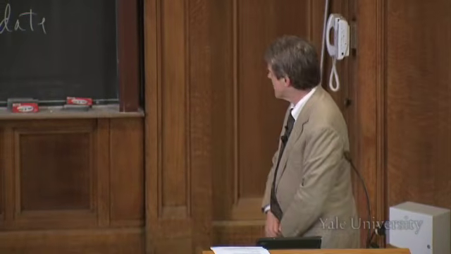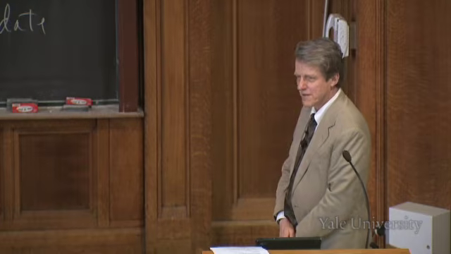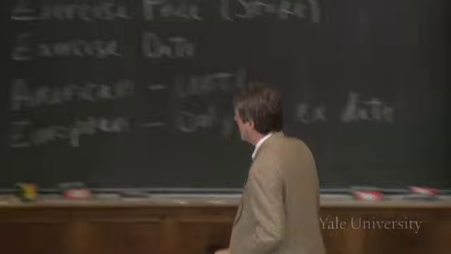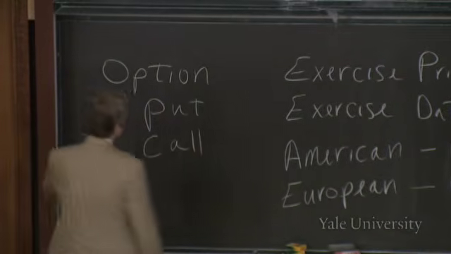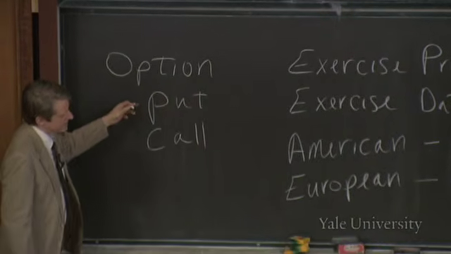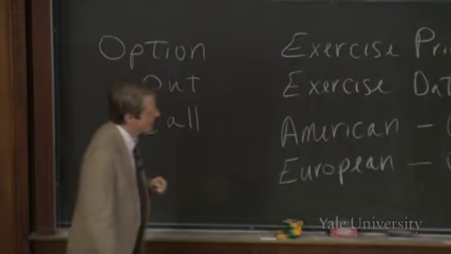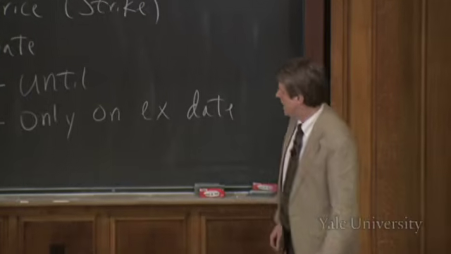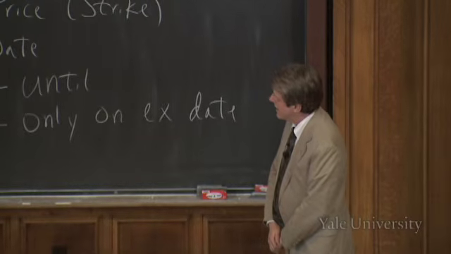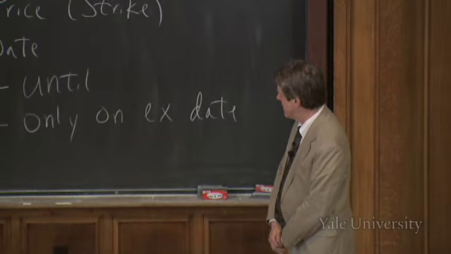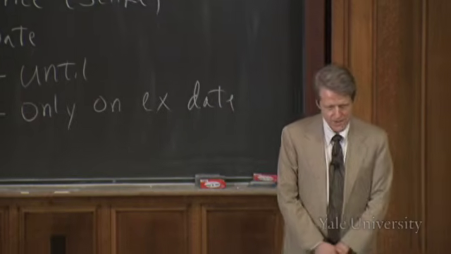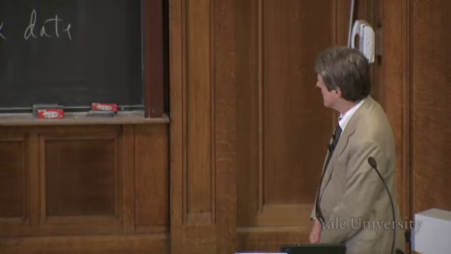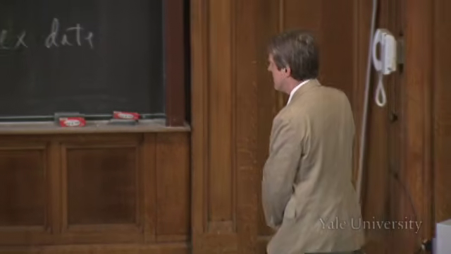So that's what those words mean. So usually we're talking about American options. And so if you have an American put option on shares of some stock, then you have the right anytime you feel like it until the exercise date to sell that option at the price specified in the contract called the exercise price.